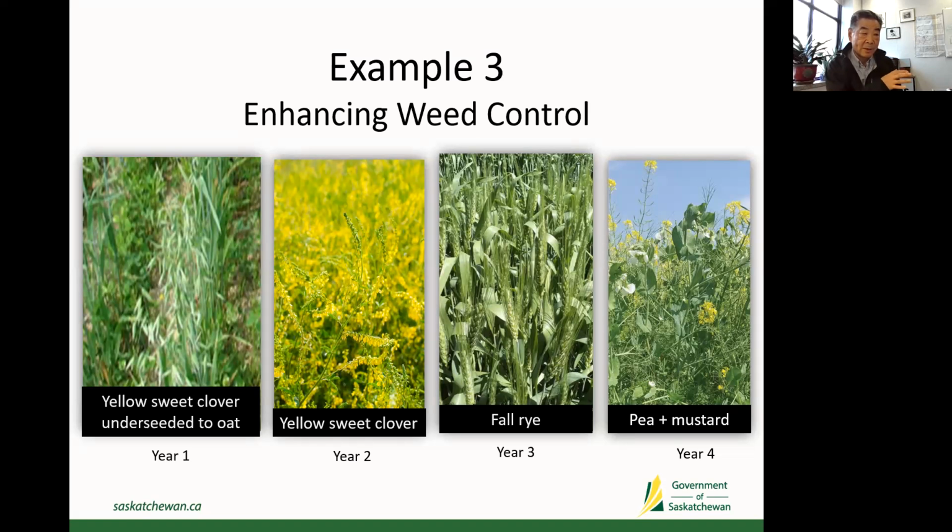And then you plow down this yellow clover, and about a month later, you seed rye, and rye can be seeded in the middle of August to the end of August, depending on where your location is. And rye, as you know, exudes some organic compounds which are allelopathic and suppress the Canada thistle in particular.